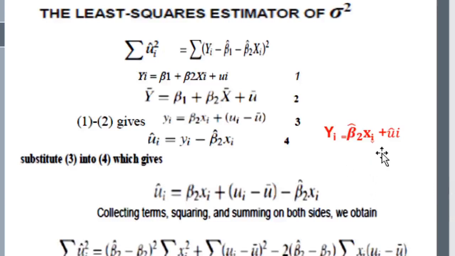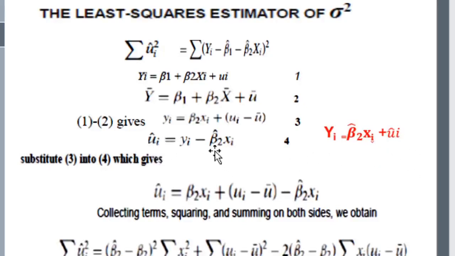small yi equal to beta 2 cap small xi plus ui cap. This we already defined. It is in the deviation form. Here ui cap equal to small yi minus beta 2 cap small xi. This definition is used in the fourth equation.